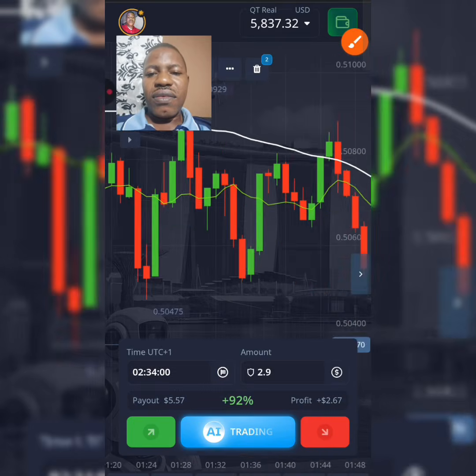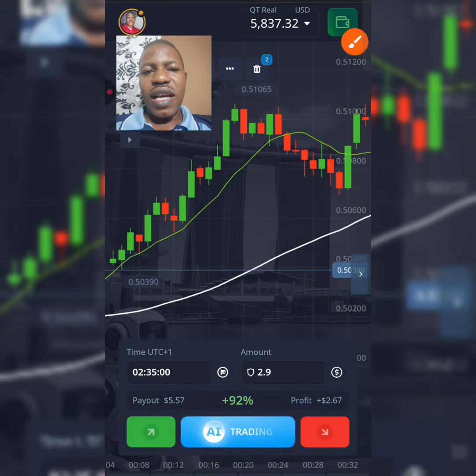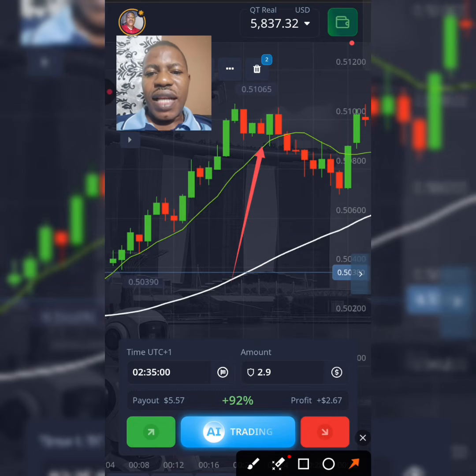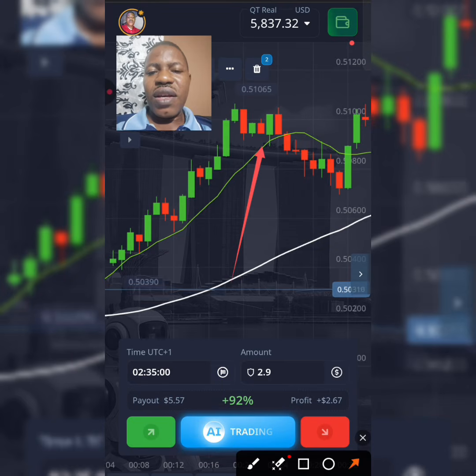So if the candles are above the moving average, just like we have in this case, we are in an uptrend. And if the distance between the candles and the white line, which is the 50 moving average, is wide enough, we say the trend is strong.